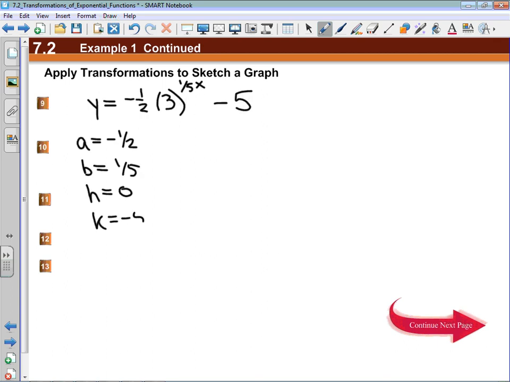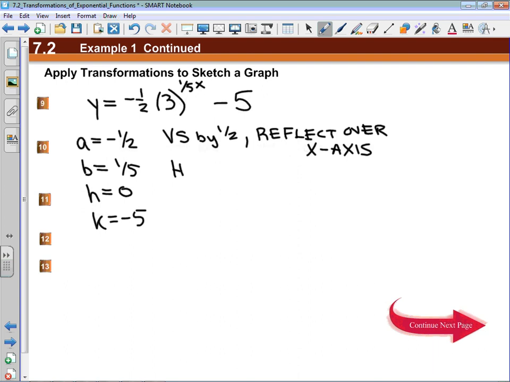Now, if a is equal to -1/2, we have a vertical stretch by 1/2, and we reflect over the x-axis. So we do start to see that reflection happening in this question. If b is equal to 1/5, we have a horizontal stretch by, and I'm going to write it as 1 over 1/5, but 1 over 1/5 is just 5.